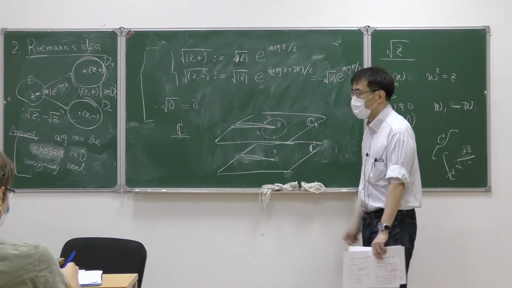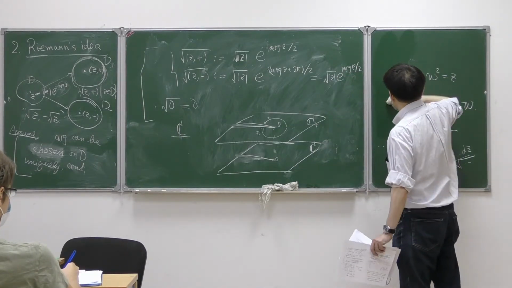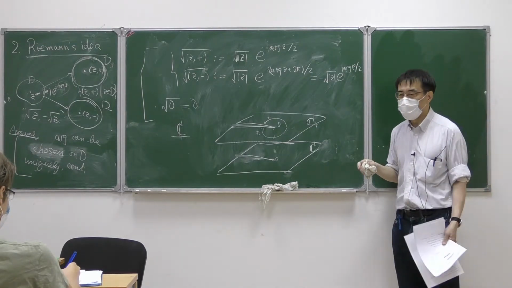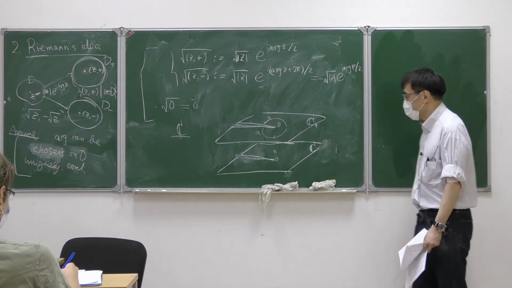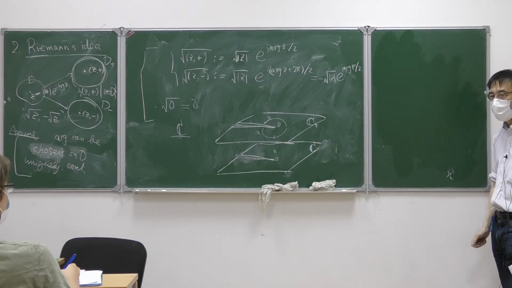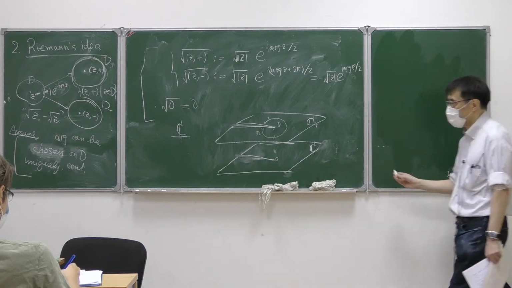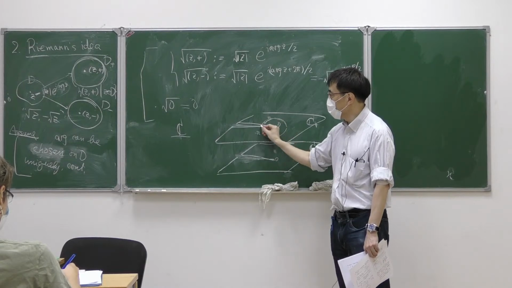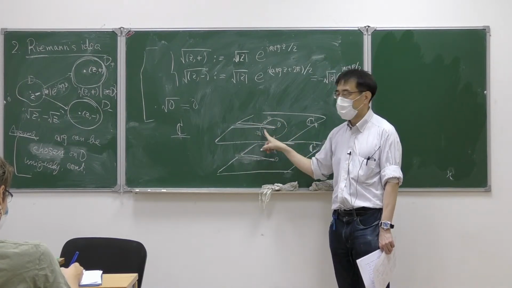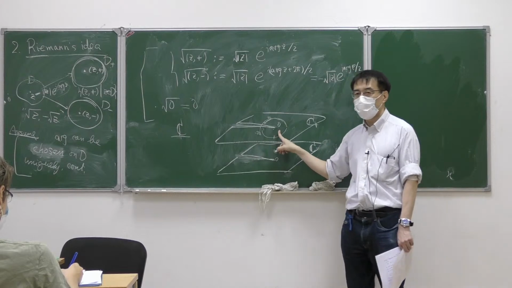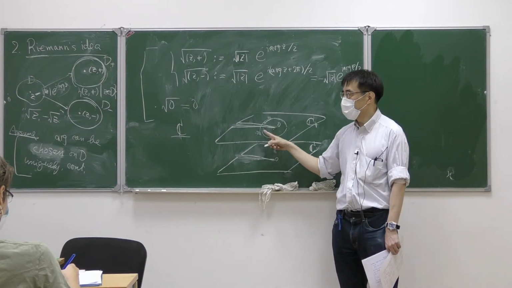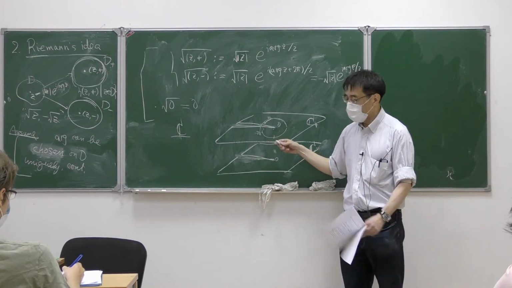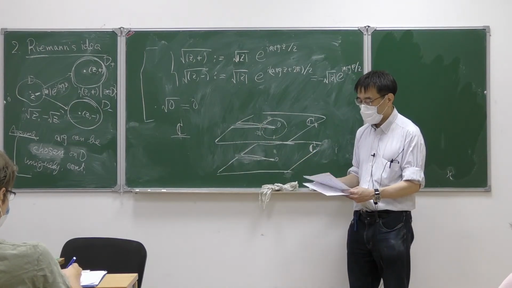And we want some good square root, especially a continuous one. As we saw, if we cross this negative part of the real axis, then it becomes discontinuous. That's not good.